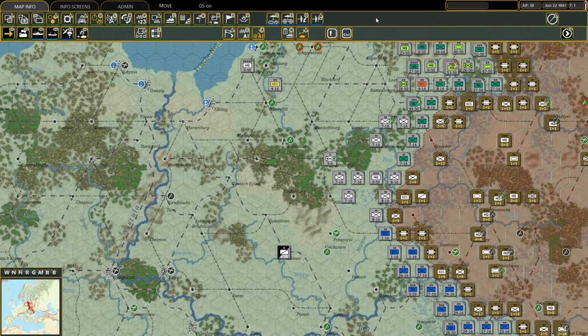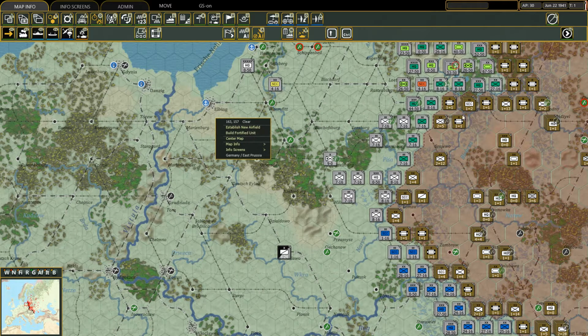And the last topic of this video is what you can do with the right mouse button. And again, this depends on which hex you are selecting. Some common options are, for instance, establish a new airfield or build a fortified unit.